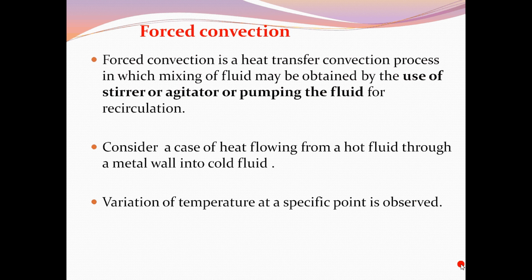Basically, there are two types of convection. One is natural convection and another one is forced convection. Forced convection is a heat transfer process in which the mixing of fluid may be obtained by the use of a stirrer or agitator, or by pumping the fluid for recirculation purposes. Simply, convection done by external devices is known as forced convection.